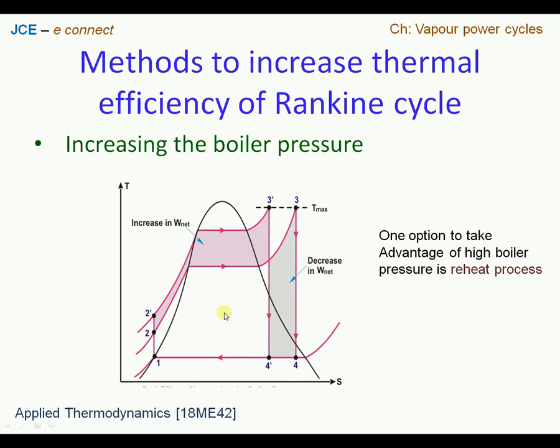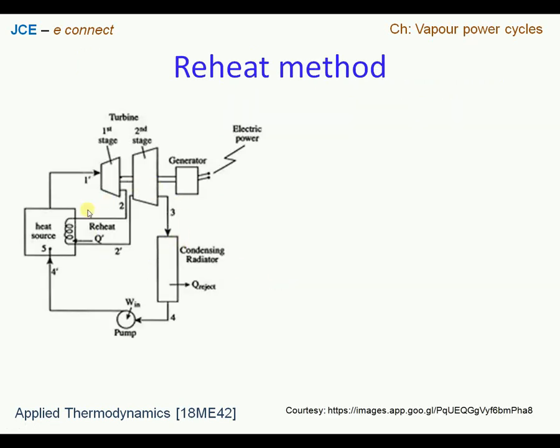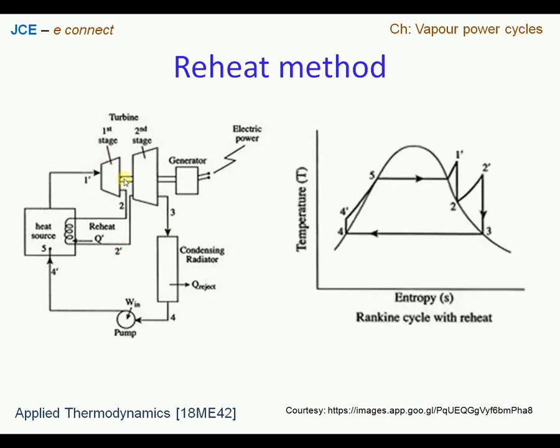So we are now looking at the arrangement of the entire reheat cycle here. So we can see the high pressure turbine, the fluid is expanded here partially to some extent, and then it is again directed to the boiler, gets reheated at an intermediate pressure, which we can see here from 2 to 2', and then the steam is subjected to the low pressure turbine.